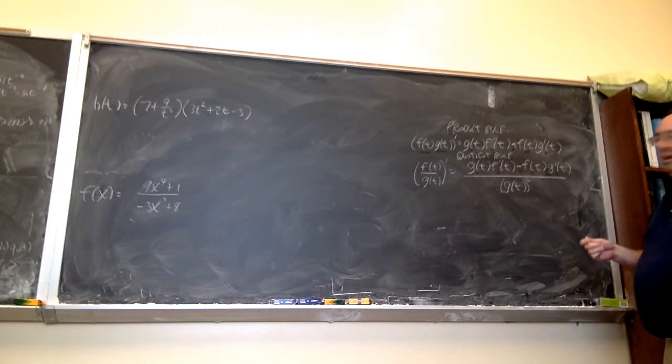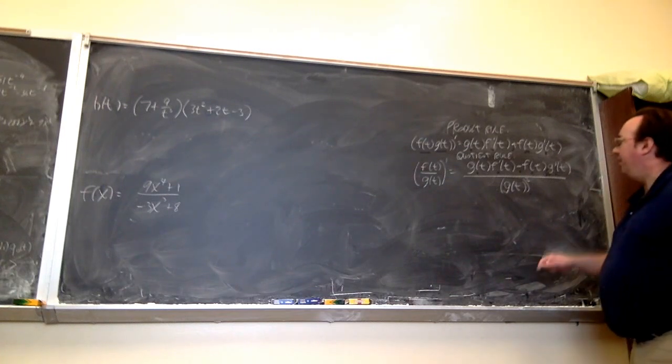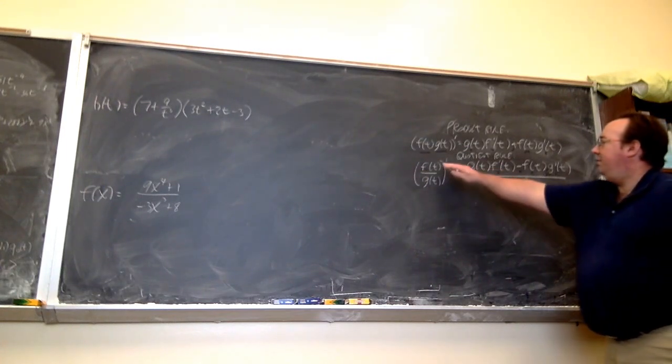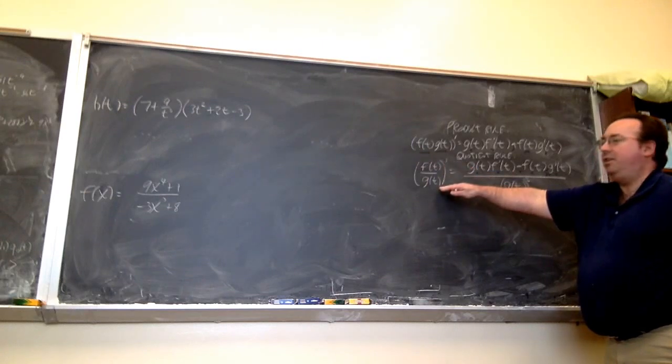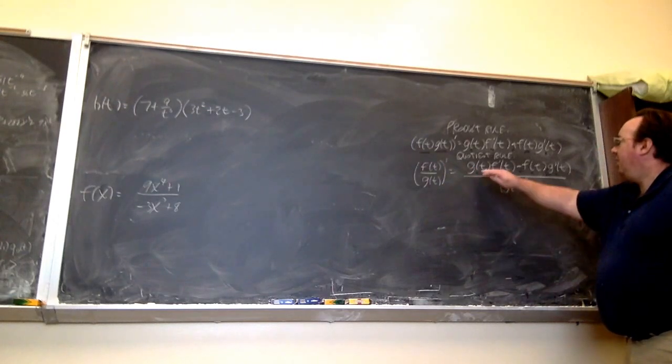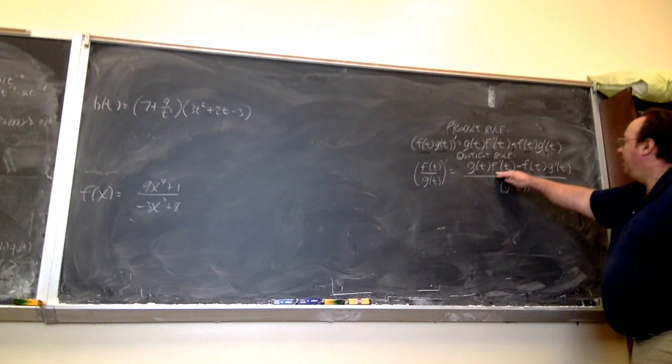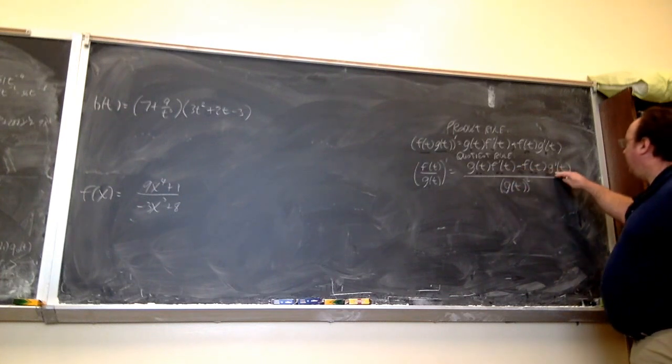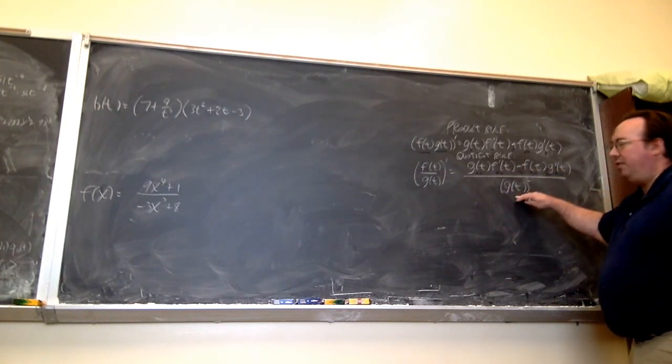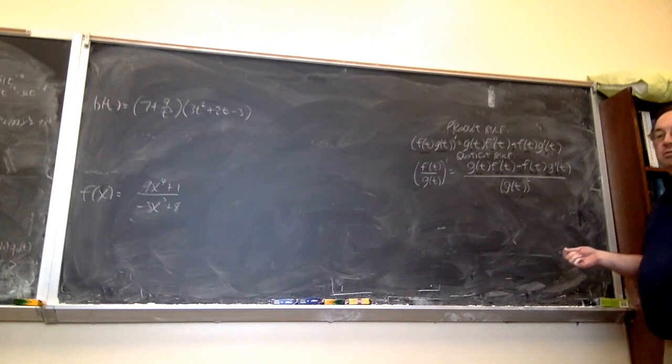One way that can help remember this is if you think of the numerator as high and the denominator as low, then it's low d high minus high d low over low squared, where d refers to derivative.